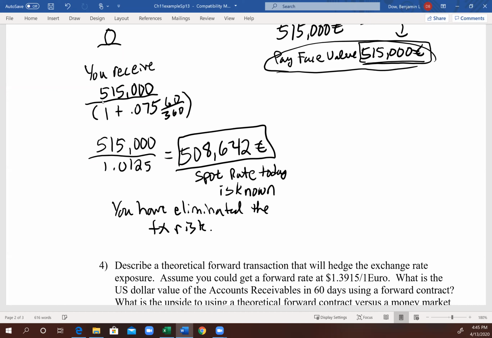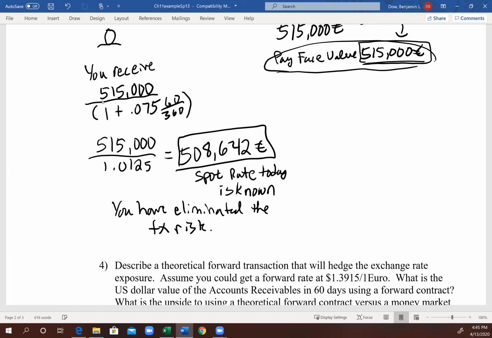Okay. So what we need to do in order to compare this on an apples to apples basis is we need to take the 508,642 euros, which is what we received today for selling the money market security. And we need to convert that into dollars today. And since the spot rate is known, and we go back up here to the top, the spot rate's $1.3973.